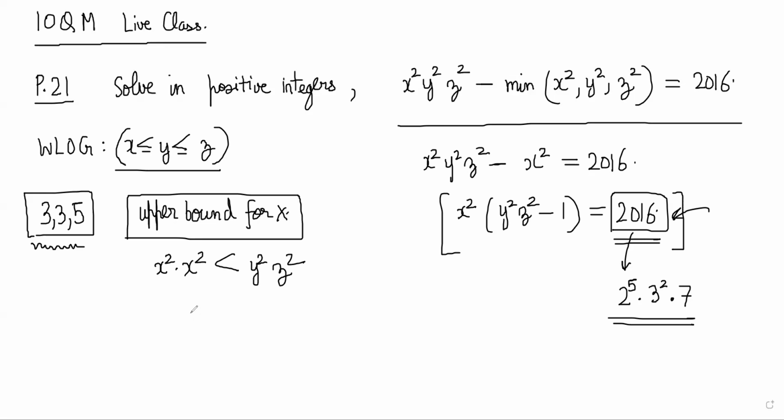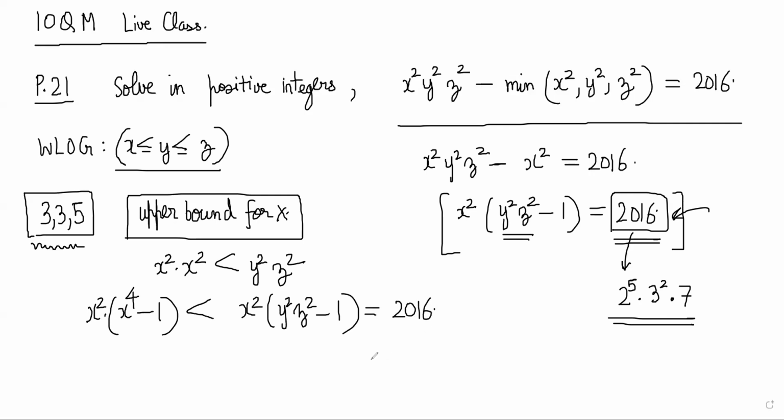So basically we can say that instead of this, if I write x power 4 minus 1, that will be less than x square y square z square minus 1, right? Do you understand? Yes, sir. So now you are getting x power 6 minus x square is less than 2016, right?